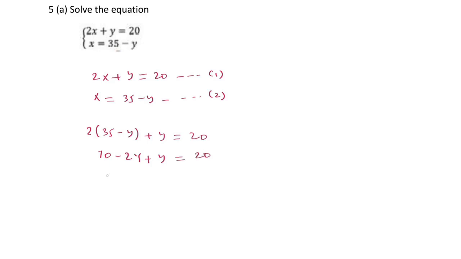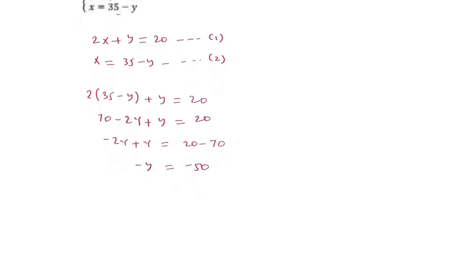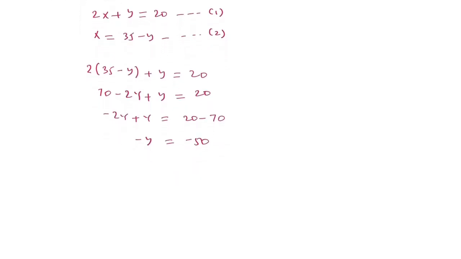Let us now rearrange this equation. We are having negative 2y plus y equals 20 minus 70. Solving this, we are having negative y equals negative 50. Then next we are going to divide by negative 1 both sides in order to eliminate the negative sign.